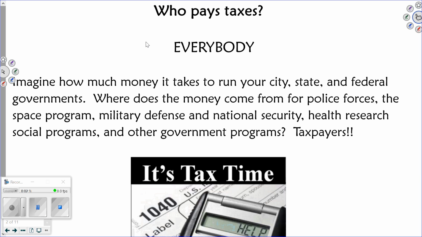Whether you're filing jointly, filing separately, or singly, I would say most often it is better, at least for me personally, to file jointly with my spouse. We've tried filing separately before, and we always get less back than if we do it jointly. I'm not entirely certain how all of that works. It has to do with how much money we make, because together we're over a certain tax bracket, and it just has to do with how much you make.